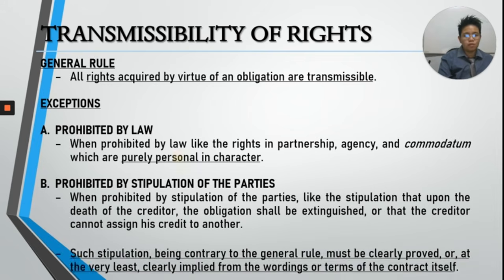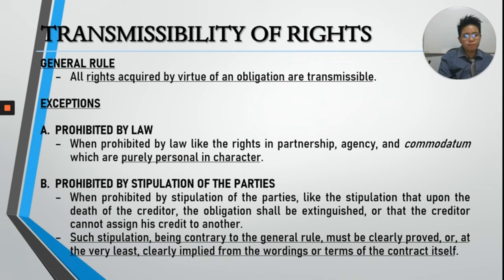So, because this is contrary to the general rule, this must be clearly proven. So, that is what you have to remember about transmissibility of rights. General rule as opposed to yung exceptions by law and by stipulation.